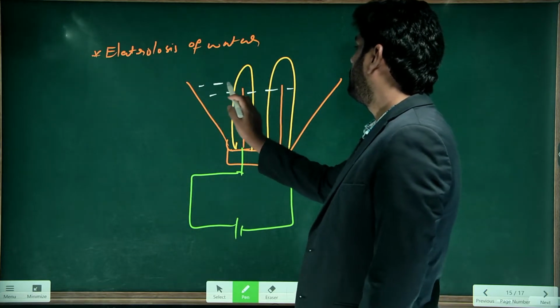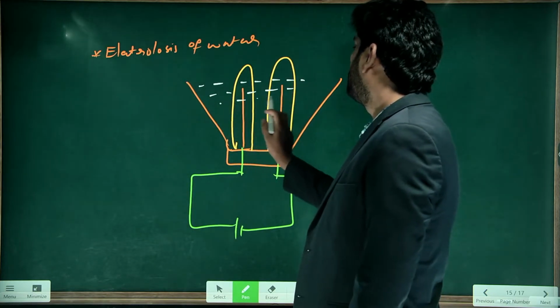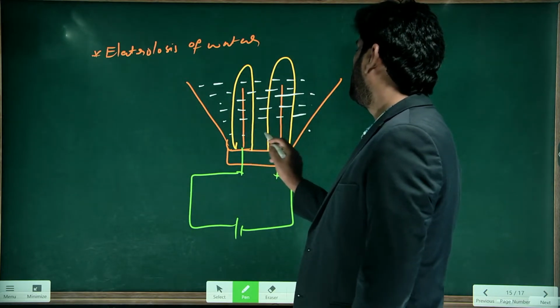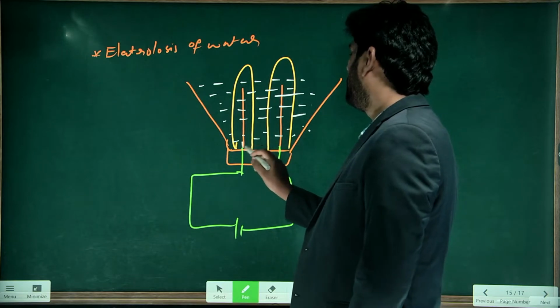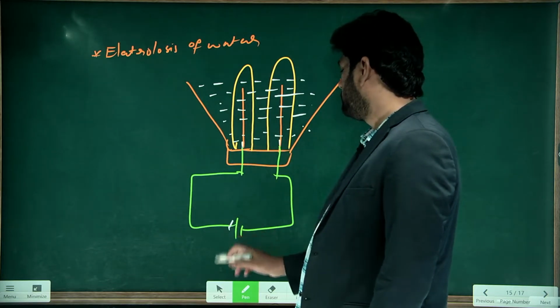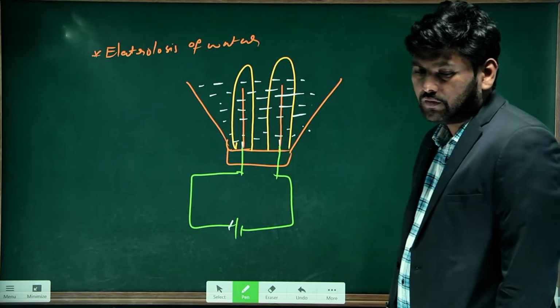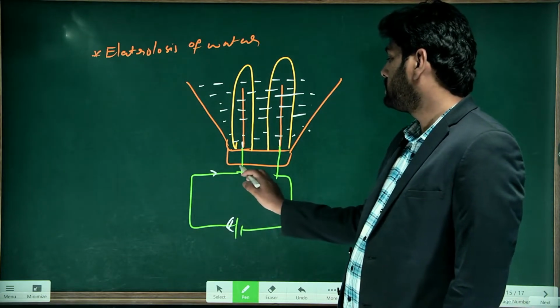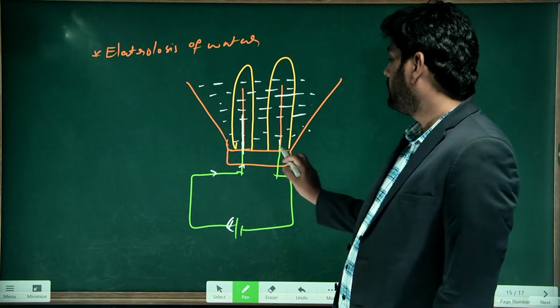What liquid? Water. When it is totally filled with water and we allow the current to flow through it, current flows through these wires, and what is going to happen?